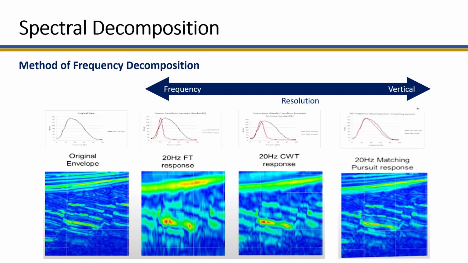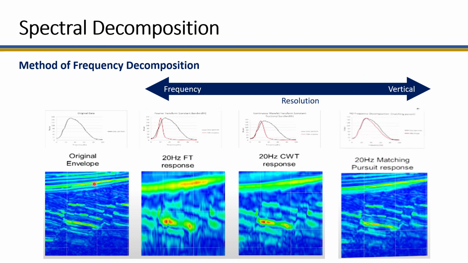On this slide, we can see the comparison between the methods of frequency decomposition: the Fourier transform, the continuous wavelet transform, and also the matching pursuit response. We look at the different types of frequency decomposition and the effects they have on both the frequency resolution and the vertical resolution.